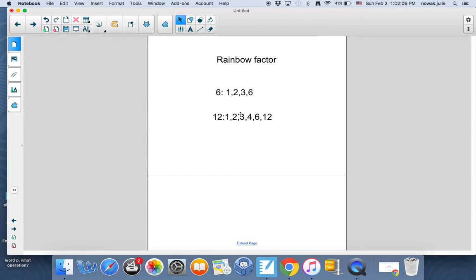So now I'm looking at all the common factors. We've got 1, 2, 3, and 6. So now the greatest or largest factor of both 6 and 12 is 6.